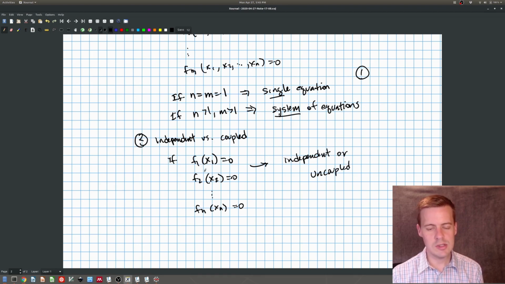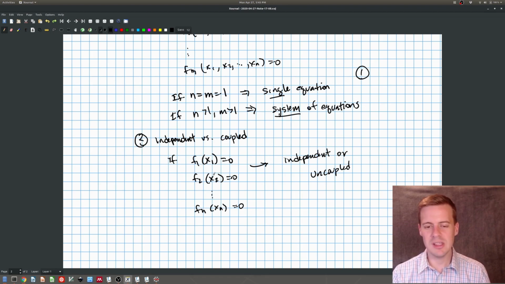So if I just covered it up, if there was nothing there, I have a single equation, that's fine. But notice that if I covered that one up and all those up, then I just have a single equation there too, and it doesn't depend on anybody else.